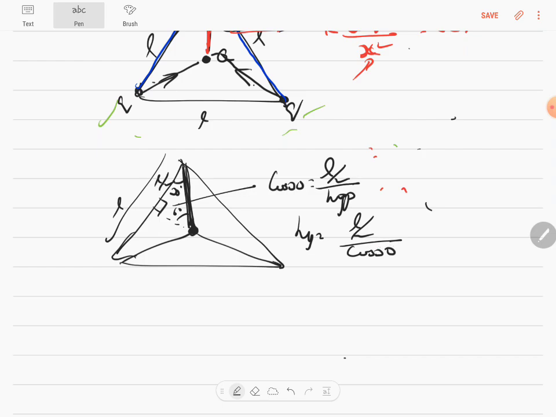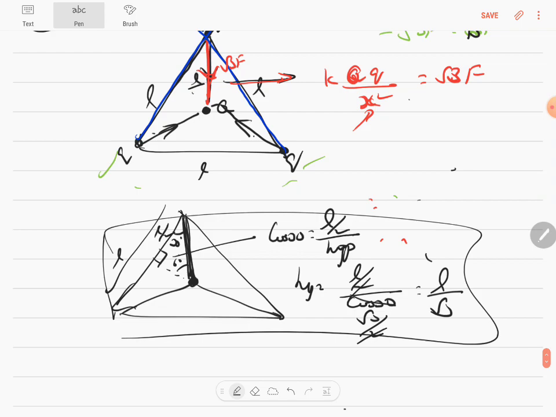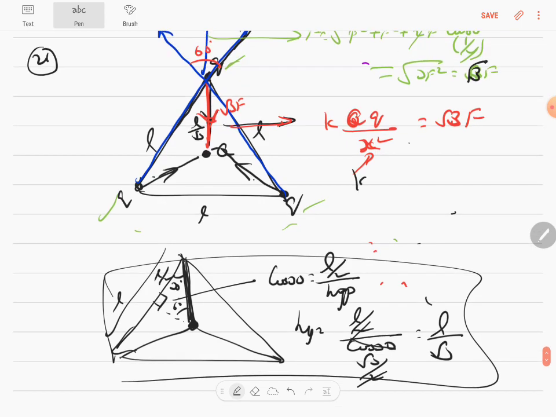Cos 30's value is root 3 by 2, so substitute root 3 by 2, the 2 and 2 get cancelled, giving L by root 3. So mug it up: this distance from the centroid will be L by root 3. Substitute that here: K into capital Q into small q by L by root 3 the whole square is equal to root 3 F, from which you can find the value of Q.